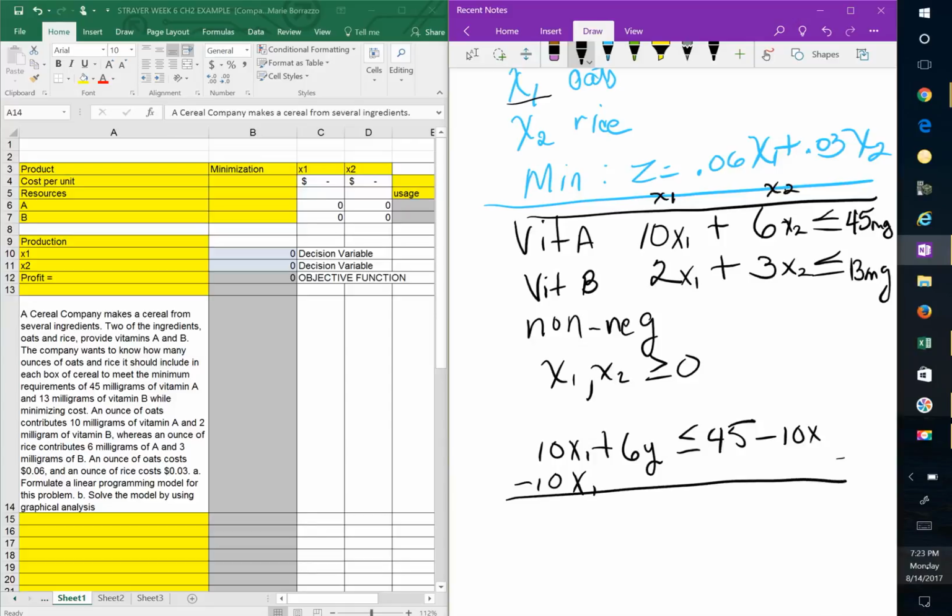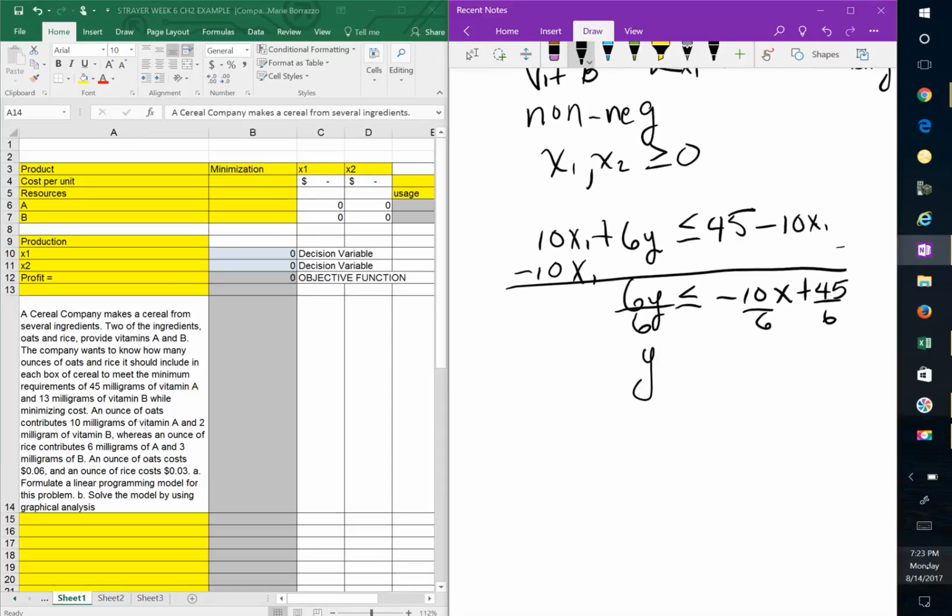And then we rewrite this because we always like to have the variable in the front part of the equation. So we have 6y is less than or equal to negative 10x plus 45. Then we divide by 6 to get the y by itself. This gives us the equation where y1 is less than or equal to negative 5 over 3 x1 plus 45 over 6. 45 and 6 can both be reduced by 3, so if I divide 45 by 3, I would have 15 over 2. Okay, and so now I have the first equation. This is for vitamin A.